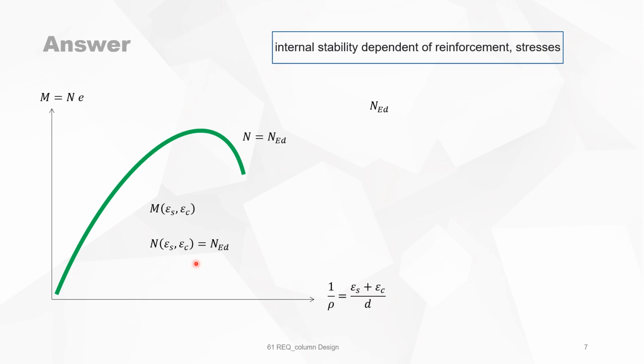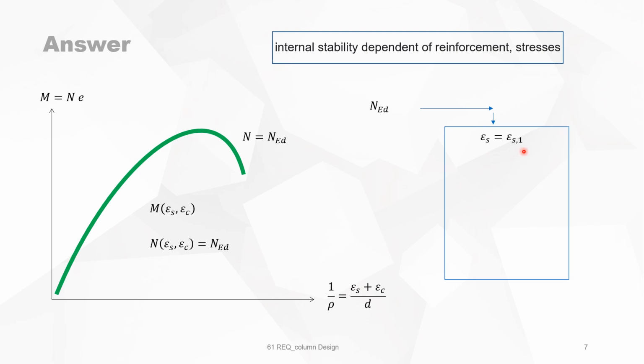So now what we can do is, for each N equals NED, construct this function by looking for epsilon S. For the strain in the steel, you take a small value, for instance, it doesn't matter, 0.1 promille.